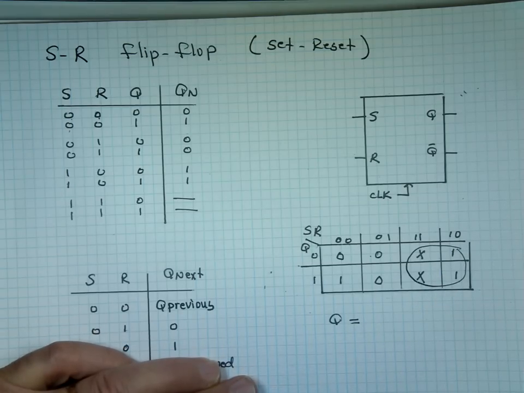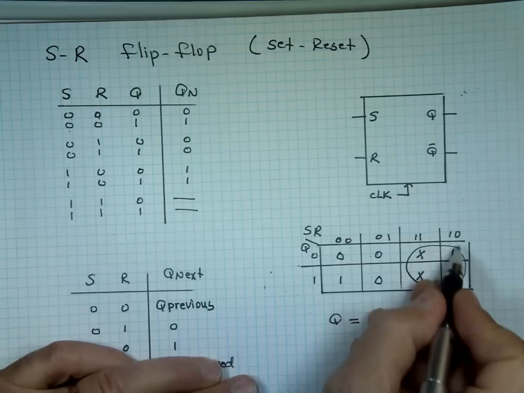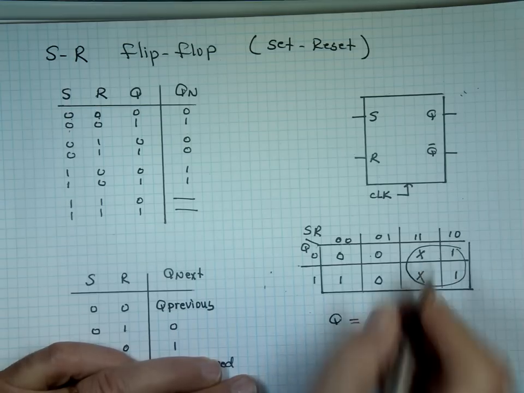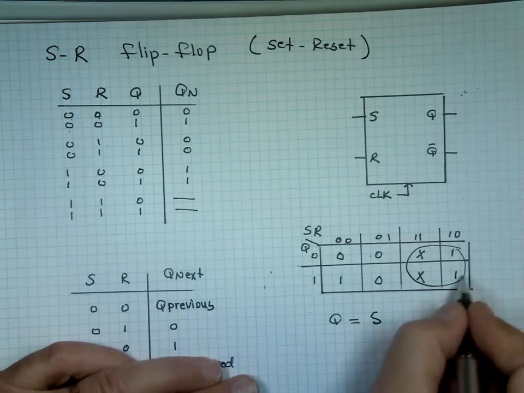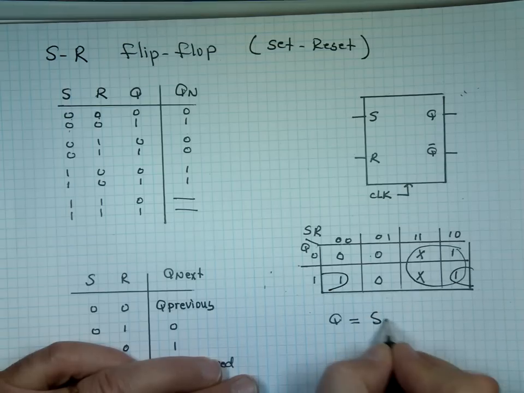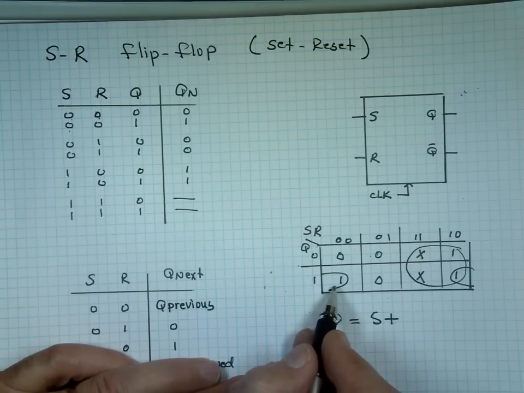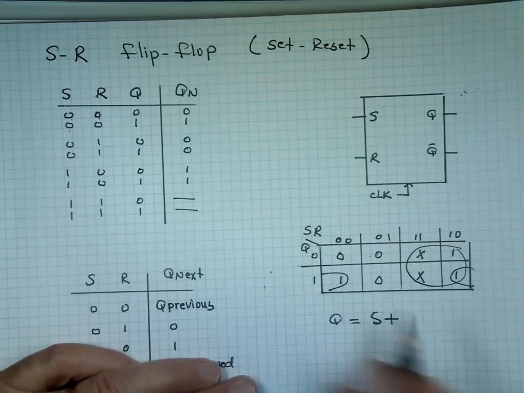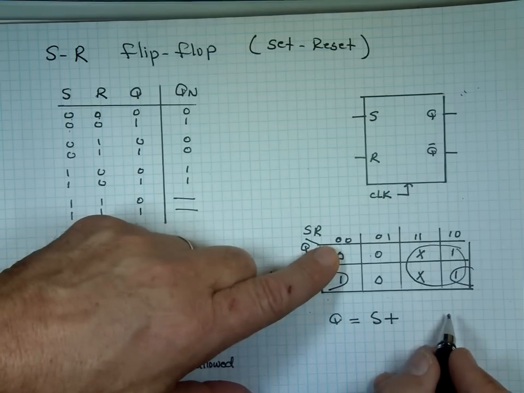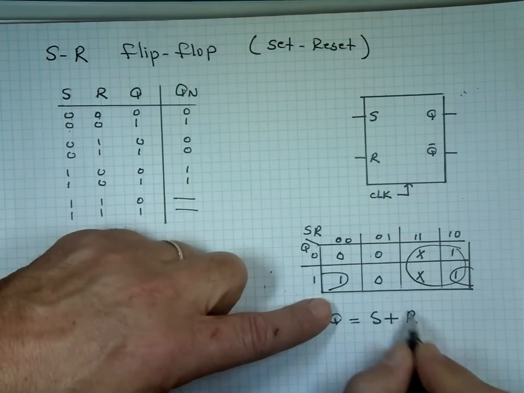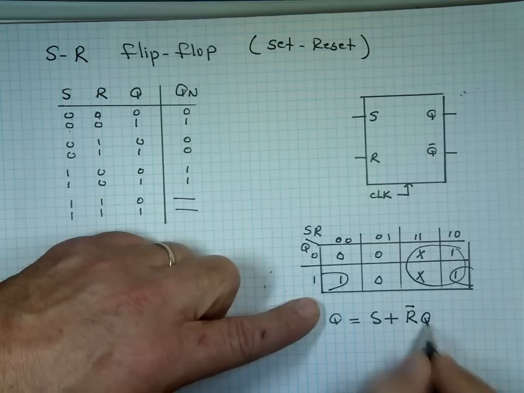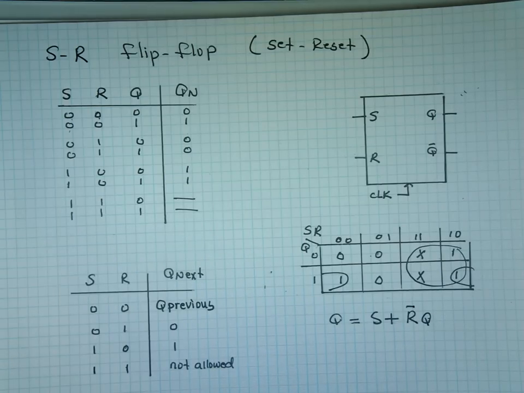Looks like S, right? I'm using S here. And I can take this with this, and that will look like R bar Q. So S plus R bar Q. And I can do the same for the NOT.